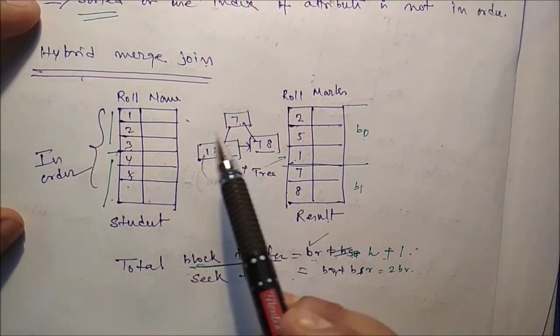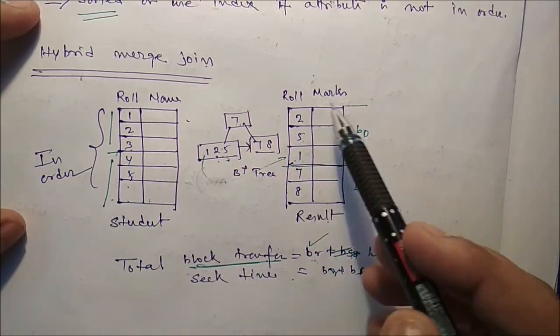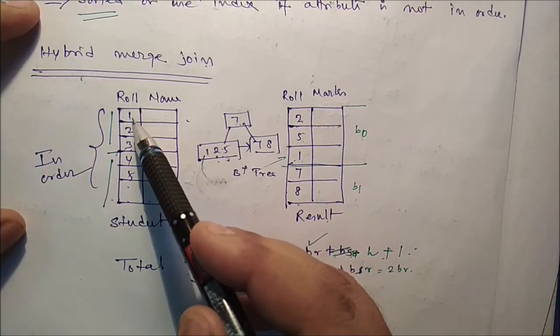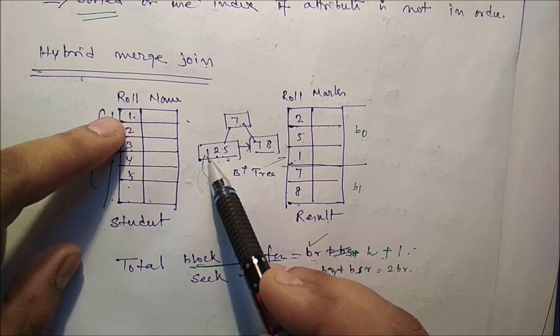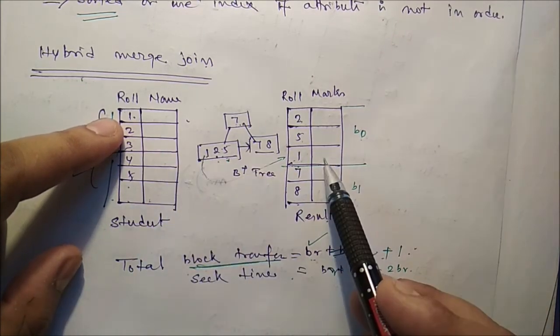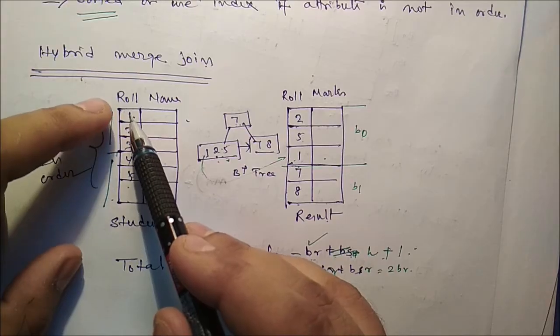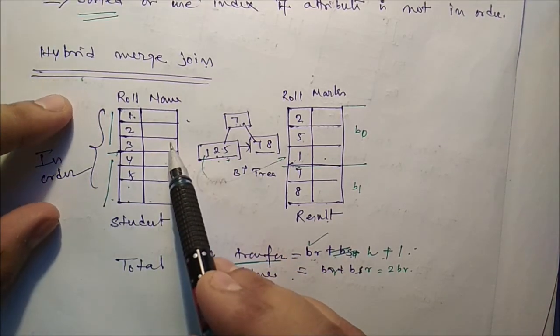So in hybrid merge join, one table is in order and another table is not in order, so we have to select one by one. If 1 is there, we need to access this table and merge these two records. To identify this, we have to transfer this block.